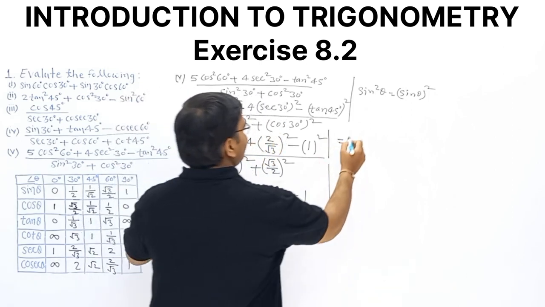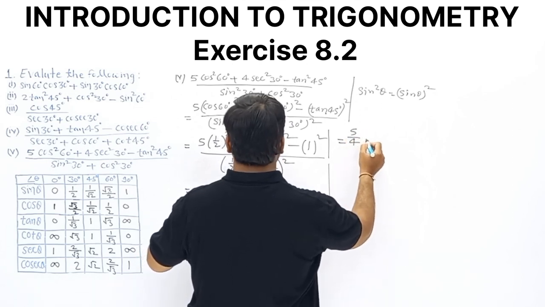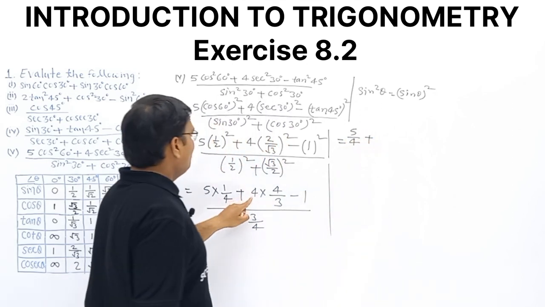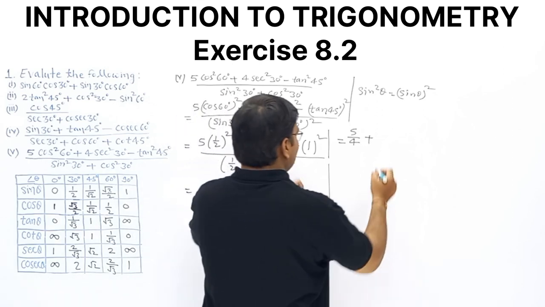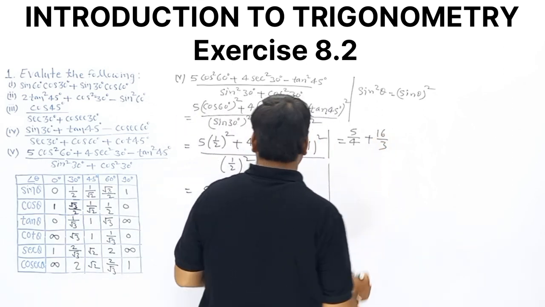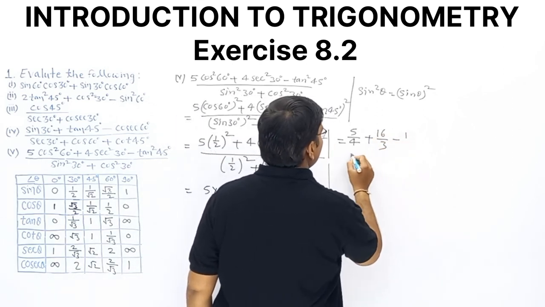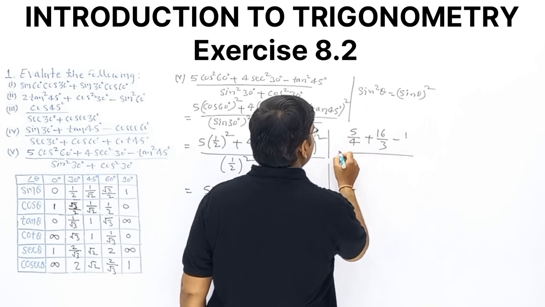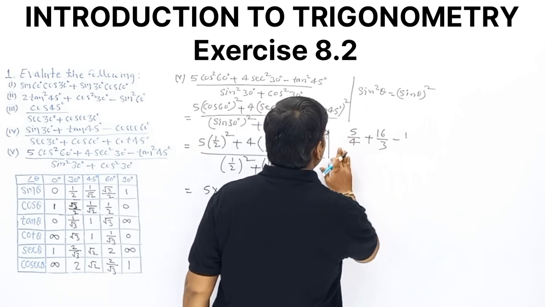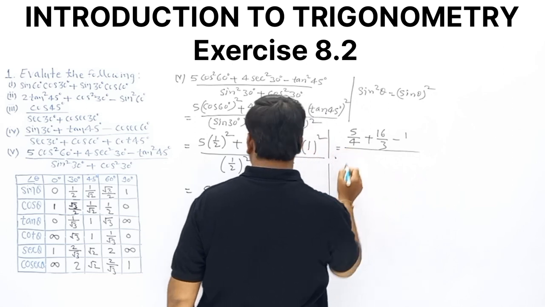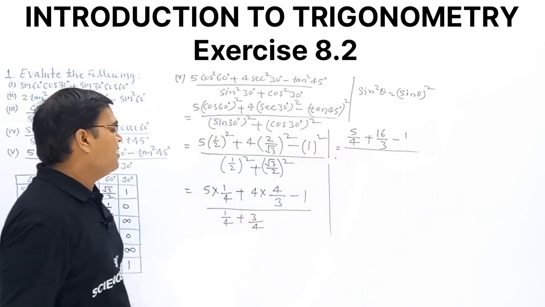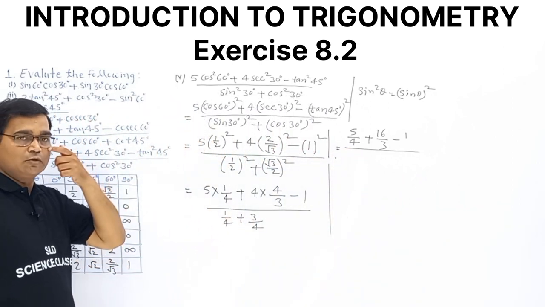5 into 1, 5 by 4 plus 4 into 4, 4 fours are 16, 16 by 3 minus 1 divided of what are we having? In the denominator, we are having 1 by 4 plus 3 by 4. This is the 1/4, this is the 3/4.